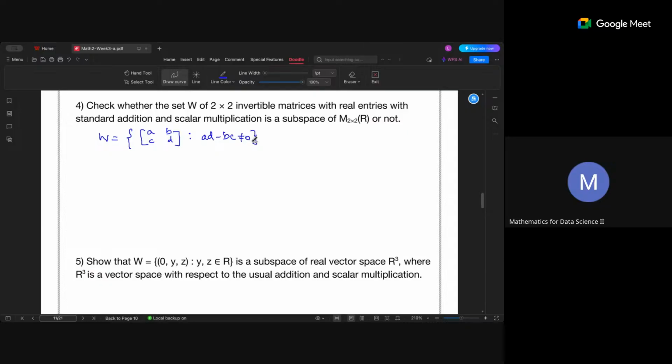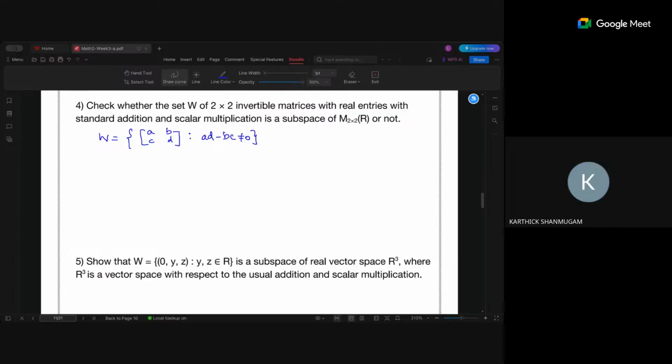Now I have a question for everyone. Let me see how many of you can quickly answer this question. If I say you should prove whether it is a subspace or not, but you should not use closed under addition or closed under scalar multiplication, then which property will you use?